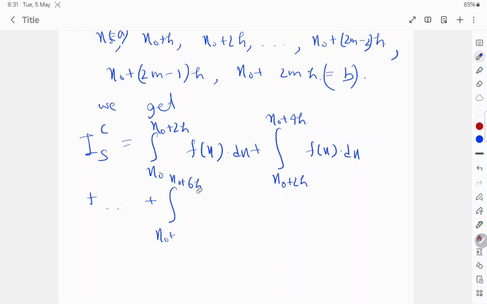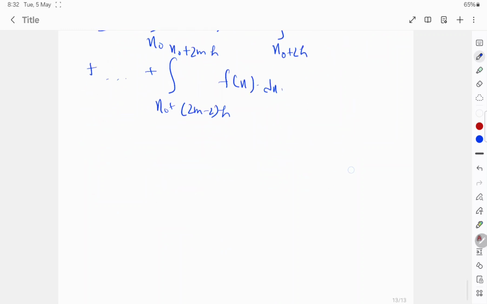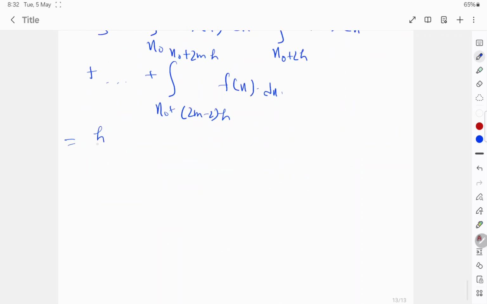Sorry, the last one we are just writing: x0 plus 2m minus 2 h to x0 plus 2m h f(x) dx. Okay, so each one you are applying the Simpson formula.